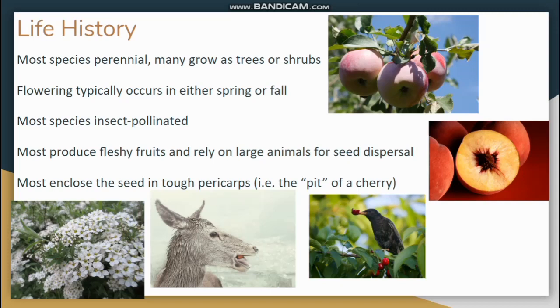The Rosaceae are oftentimes trees and shrubs. They usually flower in the spring or the fall, with very few species flowering during the middle of the summer. Some selected breeds of strawberries are the exception to this. Humans have done a lot to really modify when plants do things to make life easier for us. Most species rely on insects to pollinate them.